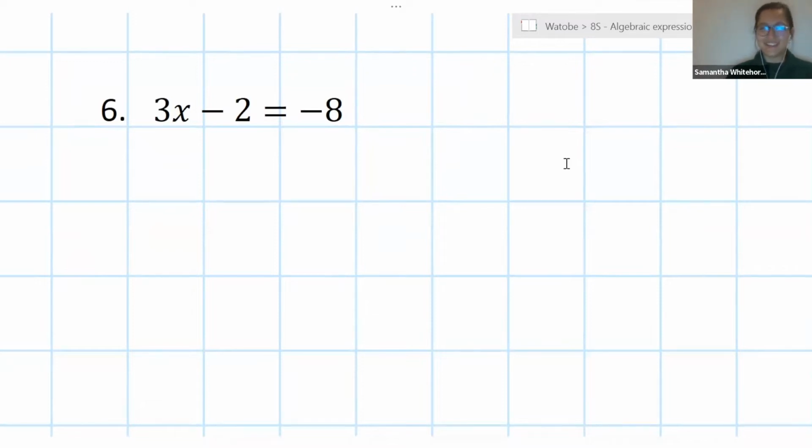Hello, can you hear me? Yes, Unati, we can hear you. So I think the answer is -2. Oh, why? Can you explain your steps for us? Okay, so what I did is I moved the 2 to the other side and inverted it into a plus and did the same to the other side.